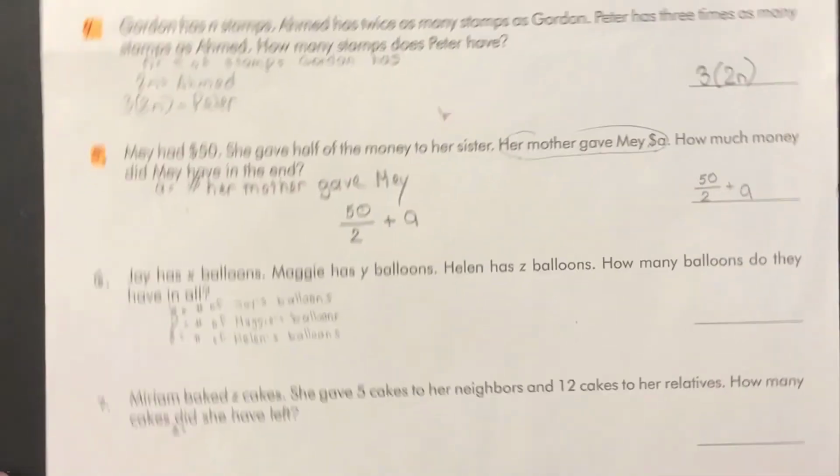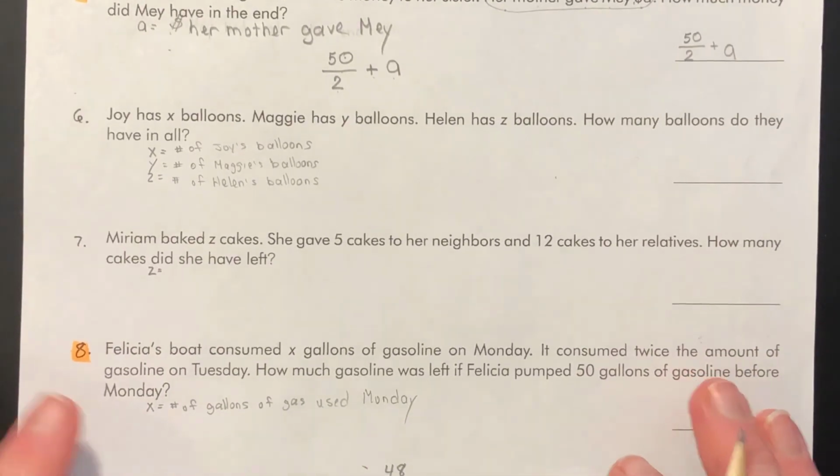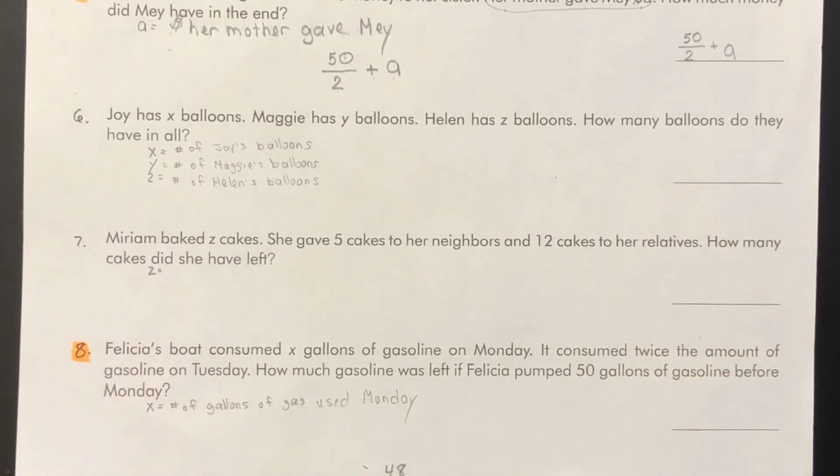Now, number 6, I told you to try always to use just one variable. Sometimes you have to use more than one variable. And in this case, you do. Now, if you have an equation with more than one variable and you've got to solve them, you can't do it with one equation. You have to have more than one equation. It's called a system of equations. That's next year in regular algebra.